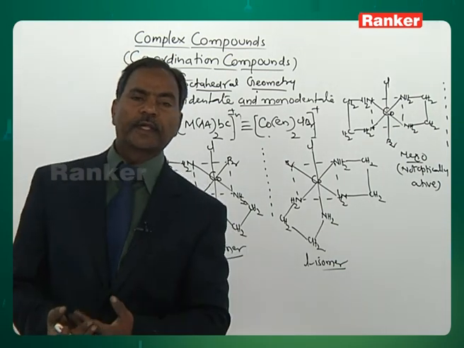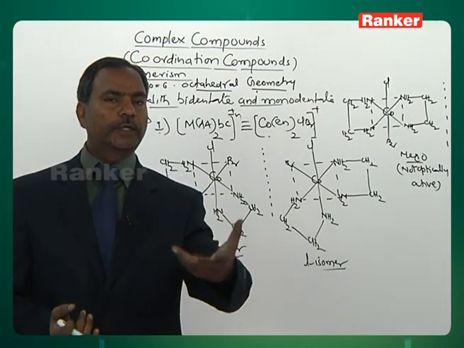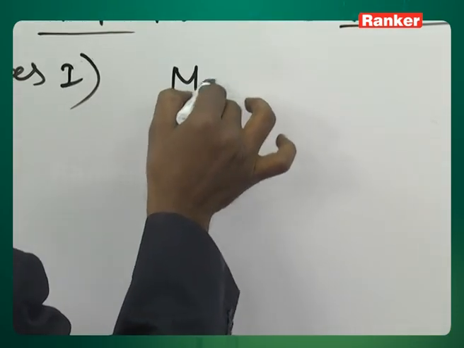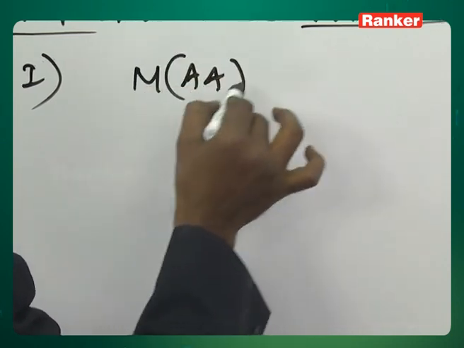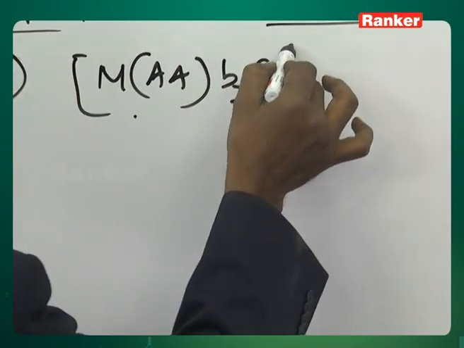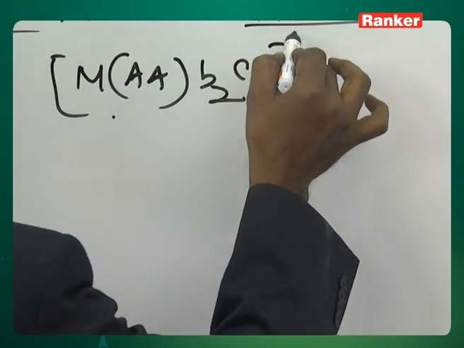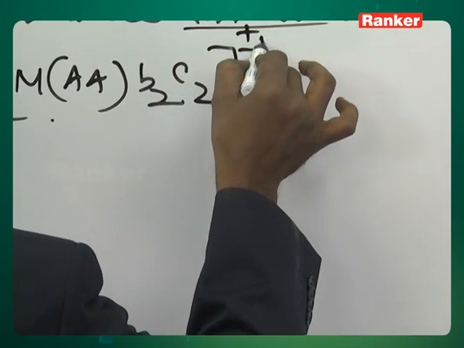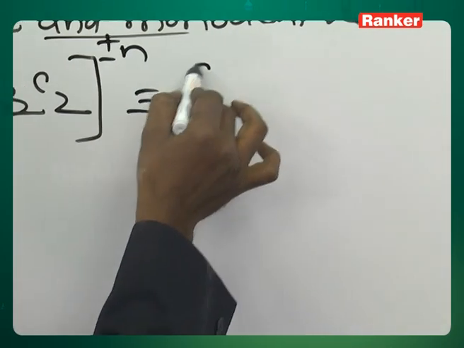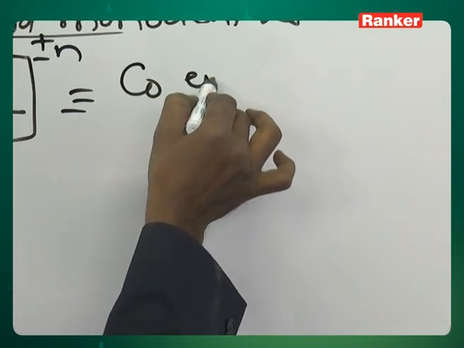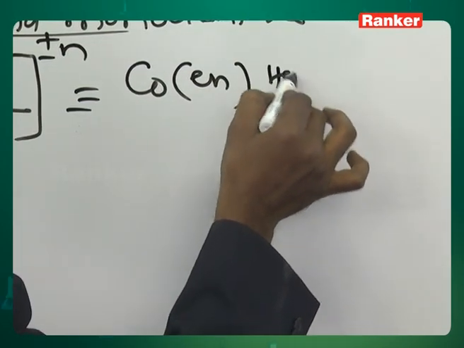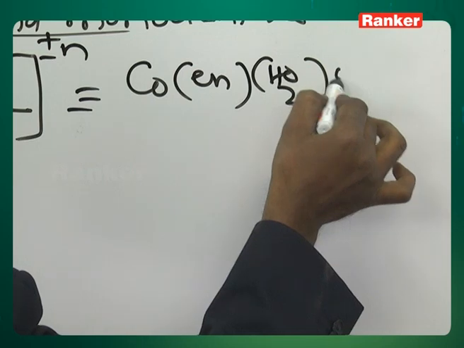Next, let us take M(AA)B2C2. Let me write Co(en), H2O twice, Cl2.